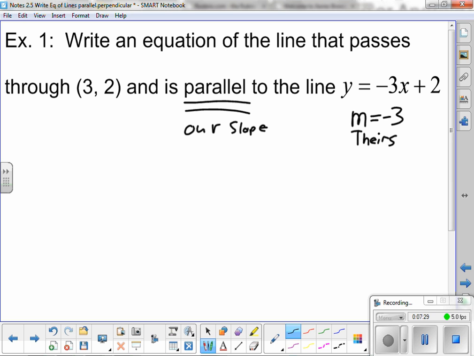So it just so happens that our slope has to match theirs because it is parallel. So now we have a slope and we have a point. So we have enough information to write our equation. Now, I wasn't too specific here. I just said write an equation. So that means that we can make it in any of the forms that I taught you guys. Since we have a slope and a point, might as well use point-slope form.